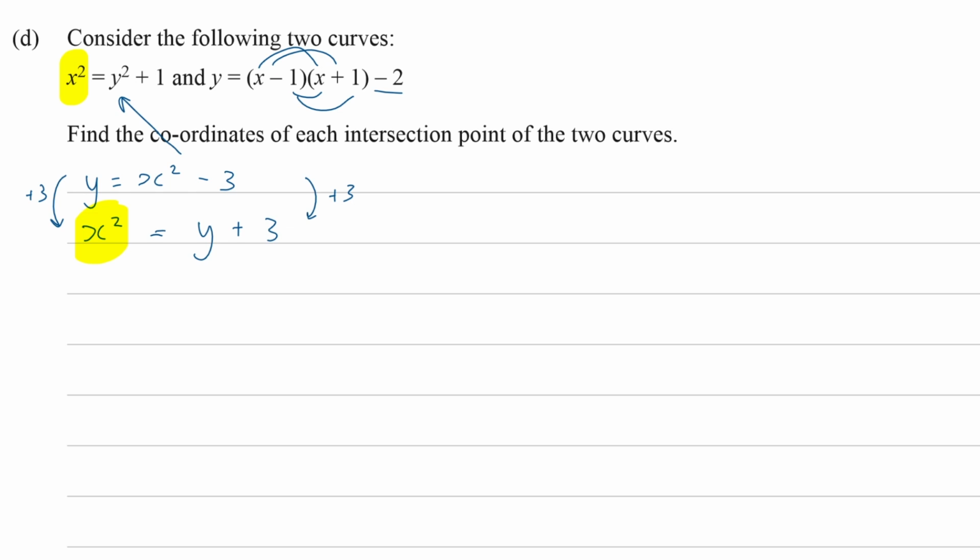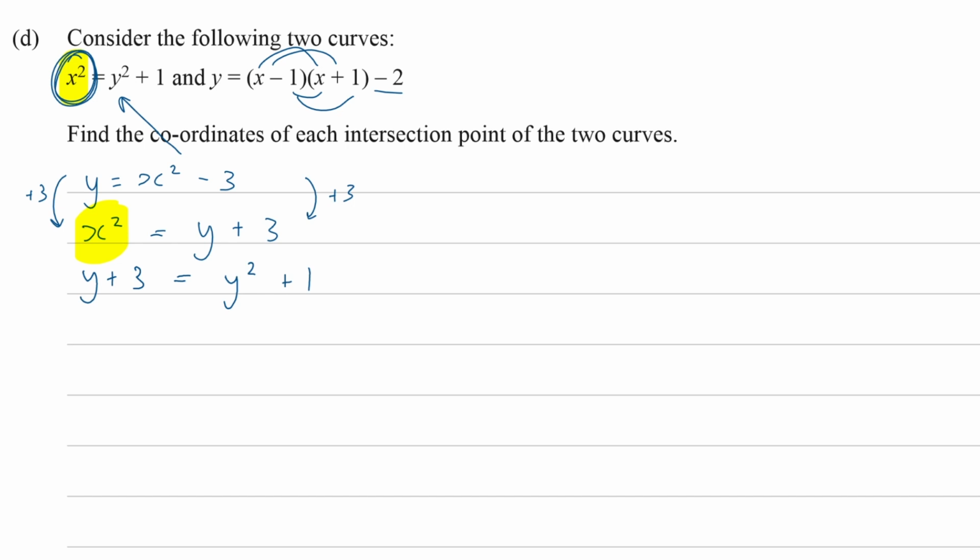So replacing this x squared up here with y plus 3, substituting, y plus 3 equals y squared plus 1. And that's a quadratic equation, which is much nicer to solve. So let's solve for that.